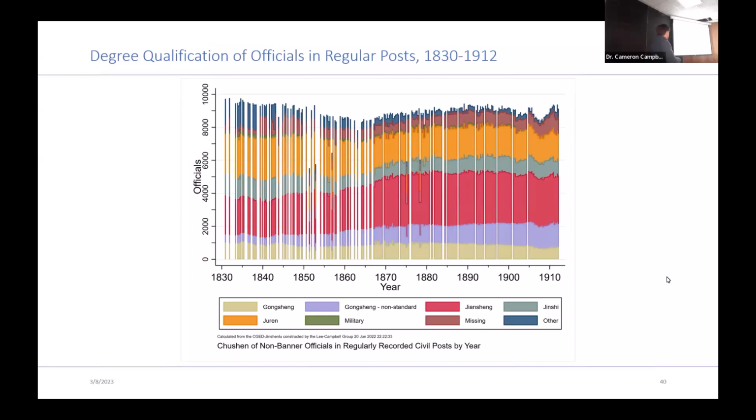Even at the beginning of the 19th century, something like 30% of officials held purchase degrees, and that expanded to probably about 50% of officials by the beginning of the 20th century.